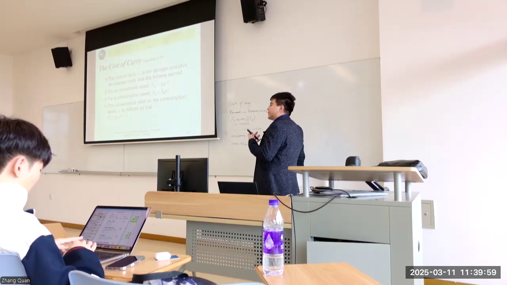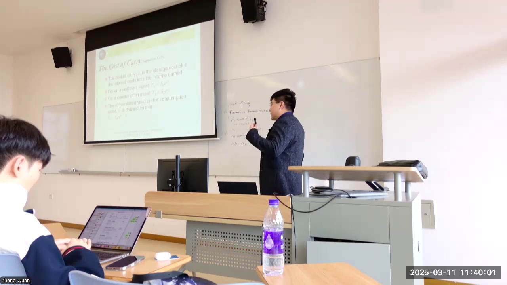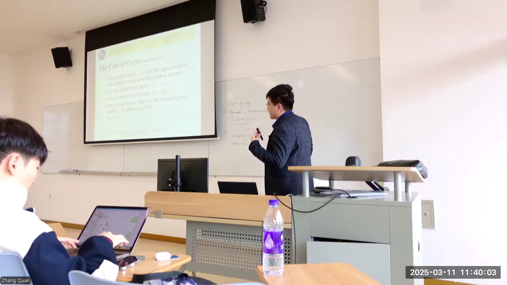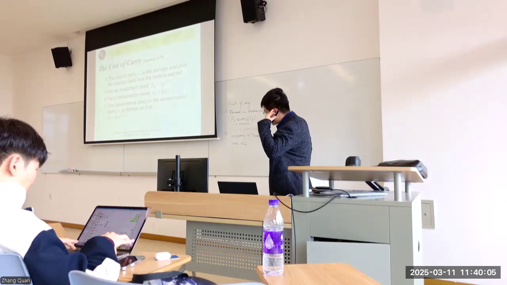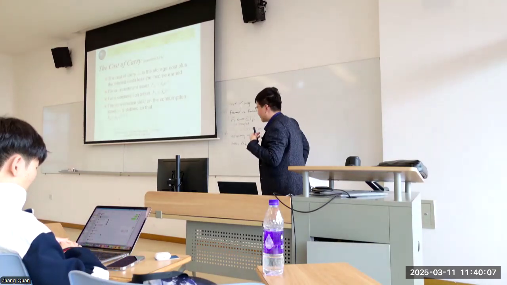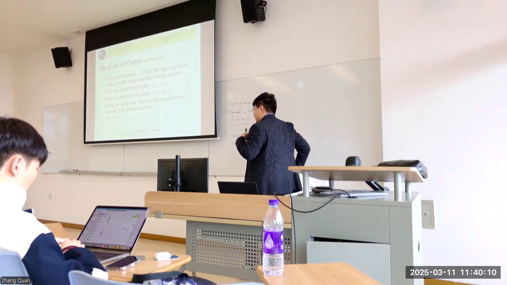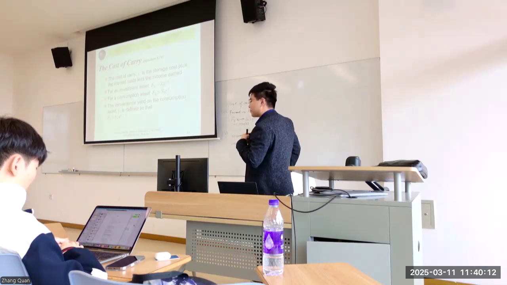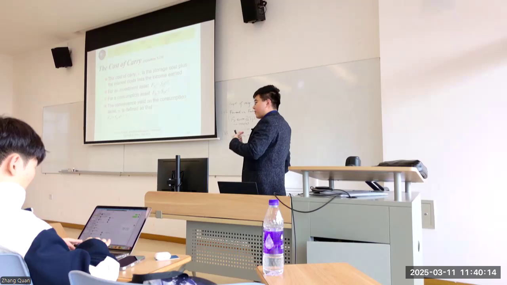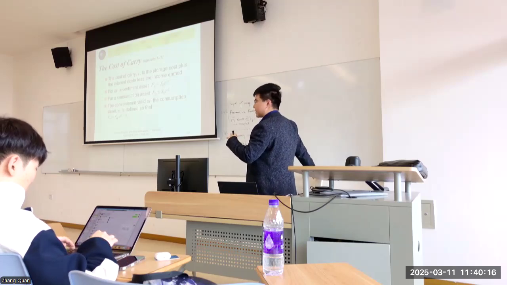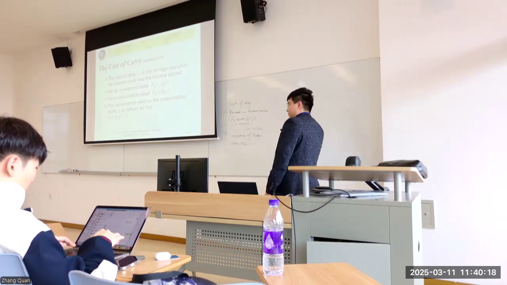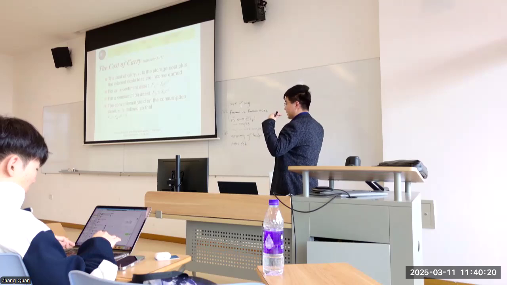A more practical way, alternatively, you can understand in a more practical way. For individuals like you and me, it's very hard to run those arbitrage opportunities because our borrowing rate is very unlikely to be the risk-free rate. We tend to have a relatively higher one.